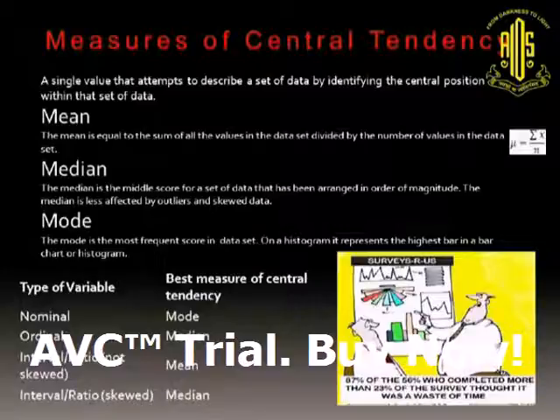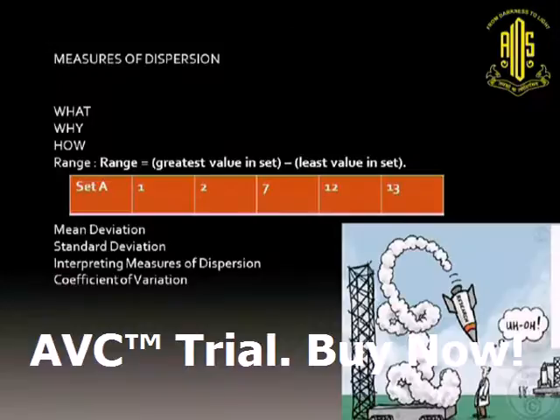So that's the median. Or you could go for the most stylish number which is available, one which occurs most repeatedly. That is the mode. And depending on the quality of data that you had, these are the best measures of central tendency that you can use.